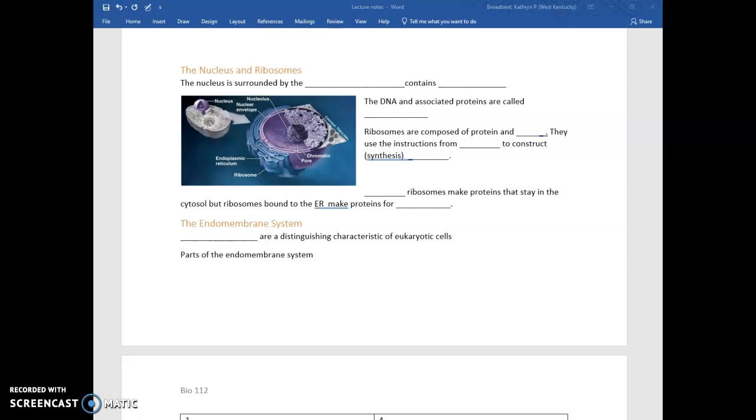But for now, the nucleus is surrounded by the nuclear membrane, and it's going to contain the genetic instructions for the cell. The DNA and associated proteins are called chromatin.